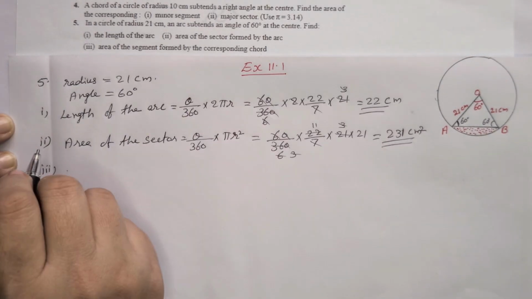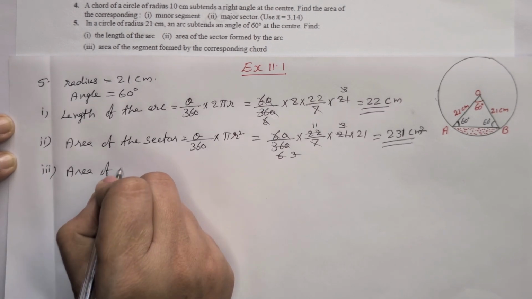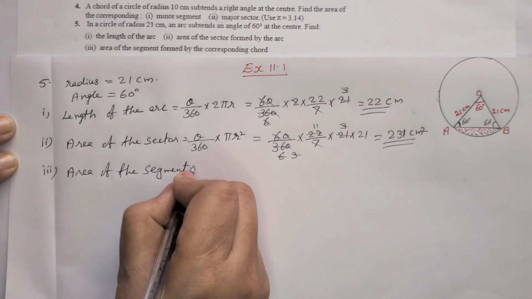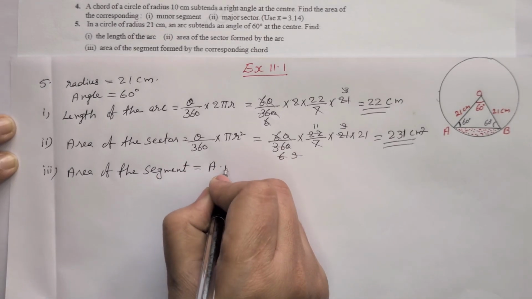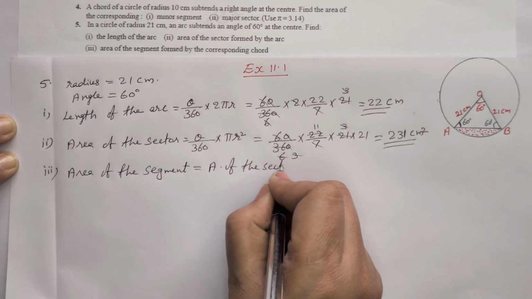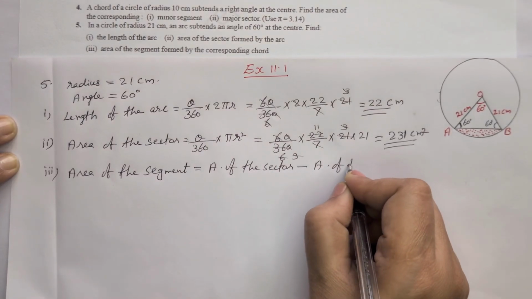So we can write area of the segment is equal to area of the sector minus area of the triangle.